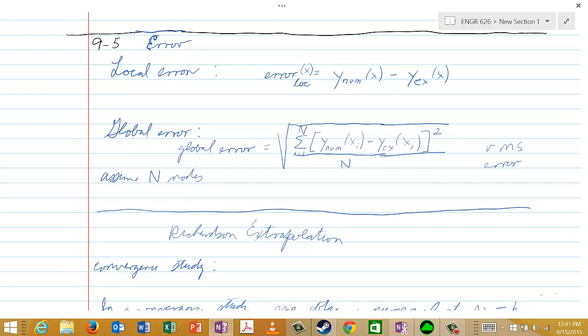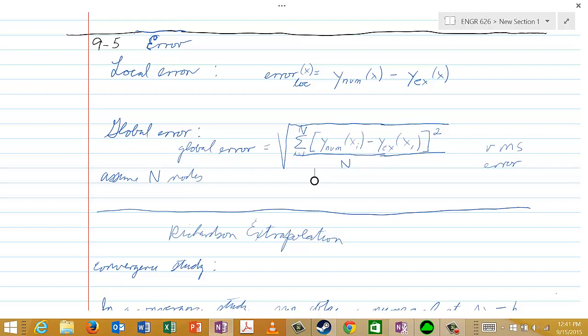But frequently of more interest is the idea of global error, so that it will give us an idea of how much error there is in the entire solution. And the global error is commonly defined as shown here. We have global error is equal to the square root of the summation over all of the nodes. So we're summing from i equals 1 to n.